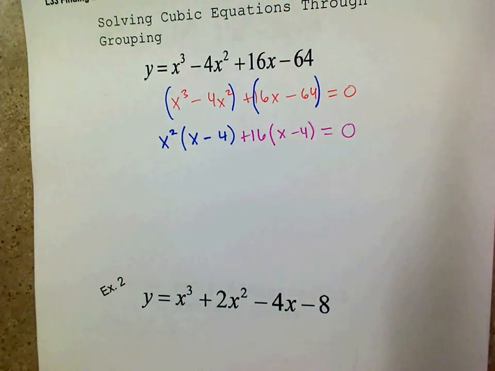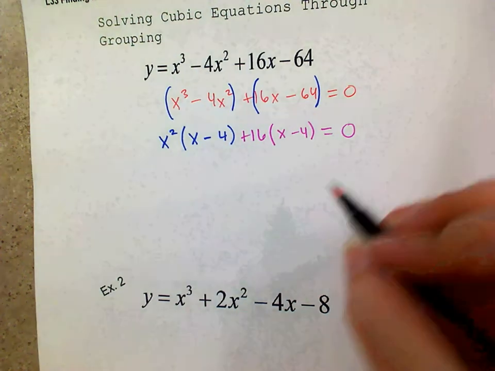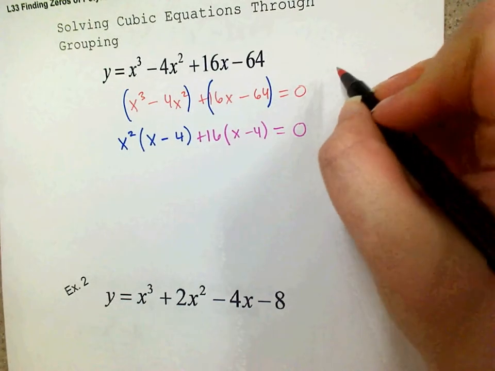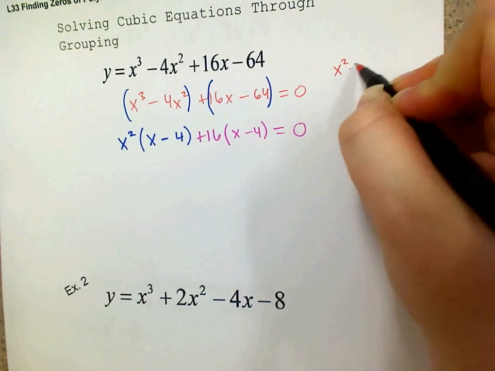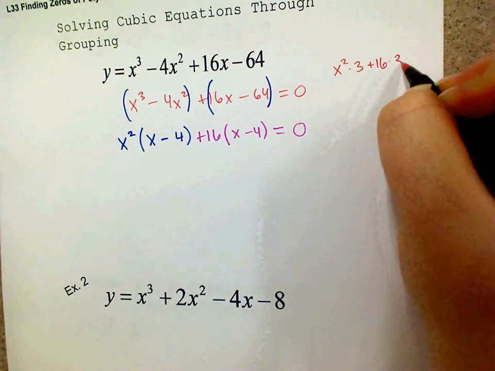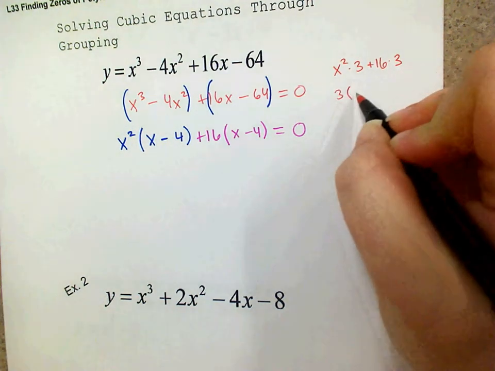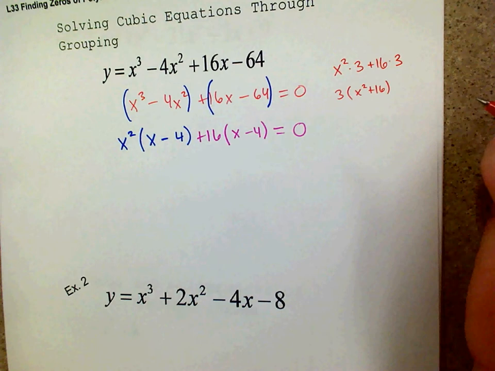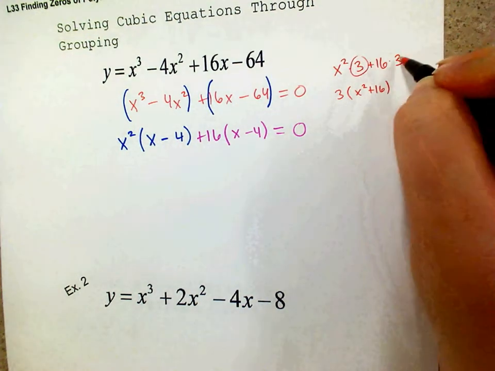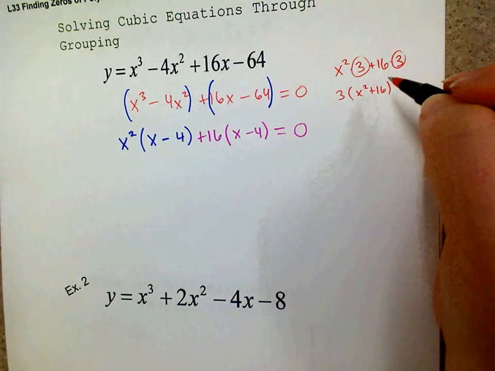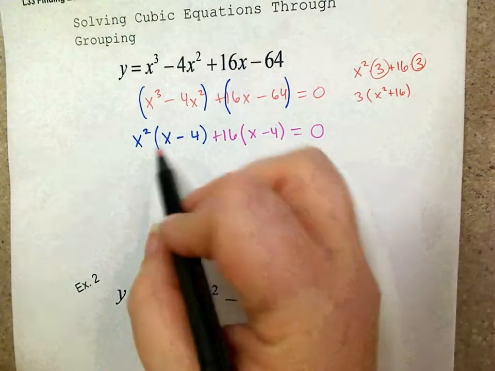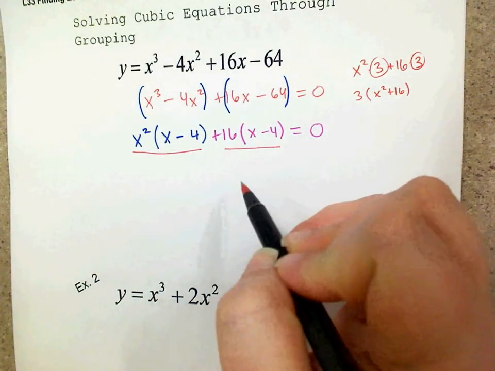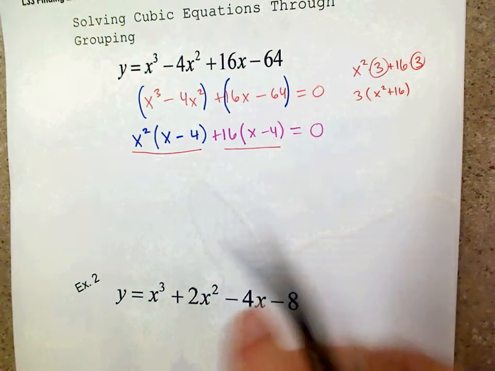Okay. Now guys, when you factor something, you take it out and put parentheses around it, right? So if I were factoring this expression, x squared times 3 plus 16 times 3, could I factor a 3 out and be left with x squared plus 16? Y'all cool with that? If you have something in common in both terms, can you factor it out? What do we have in common in both of these terms? They're both multiplied by an x minus 4, right?